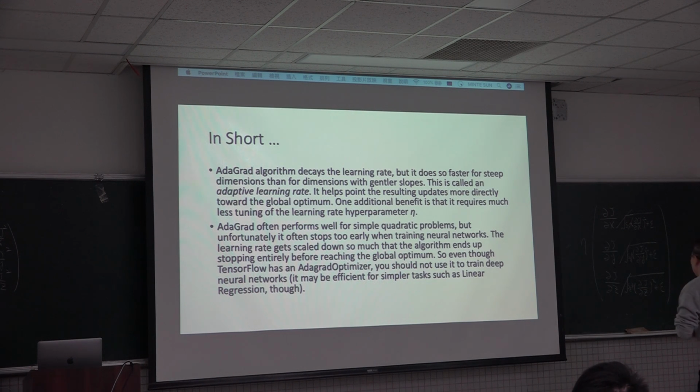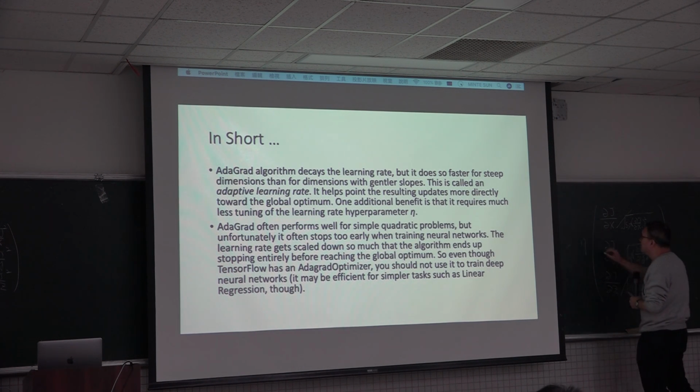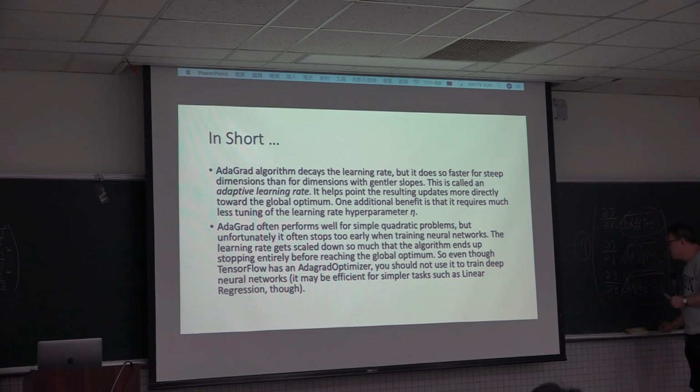If you consider this part and these denominators together, and assume this is a dimension that has a bigger gradient, then this value will get divided by a bigger value.